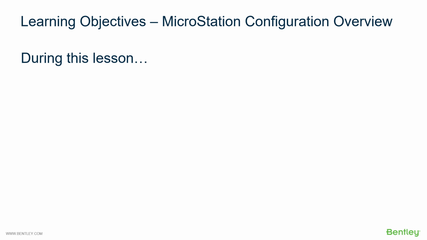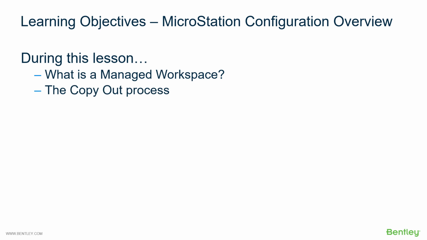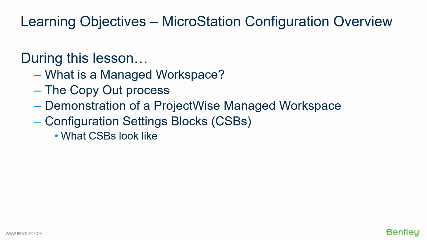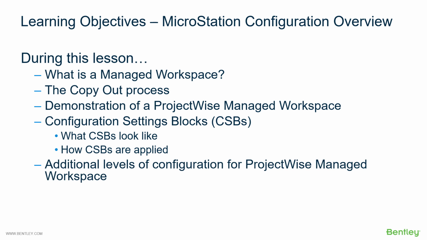So, during this lesson, you have learned what a managed workspace is and how it's a copy-out process. You've seen a demonstration of the managed workspace. You've seen what configuration settings blocks are, what CSBs look like, and how CSBs are applied. We've looked at the additional levels in ProjectWise Managed Workspace, as well as the order of precedence in which they are applied.